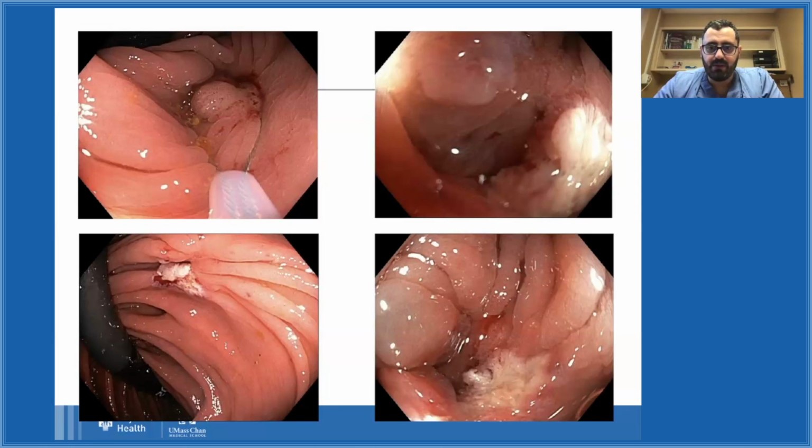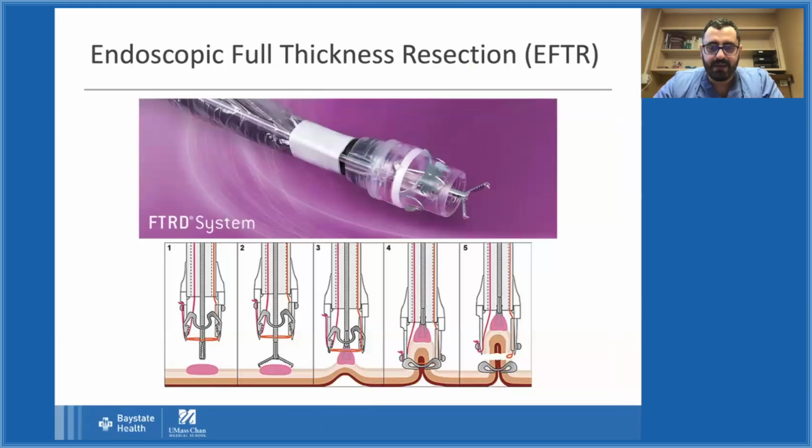All right. So this patient was referred to me, and I used this really, really cool device we call the endoscopic full thickness resection device system. We use this device to technically remove the full thickness, including the muscle layer I was telling you about, in one piece.